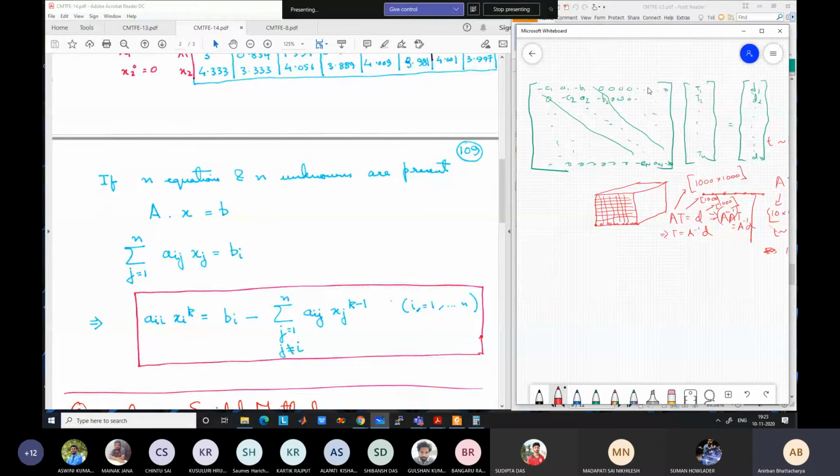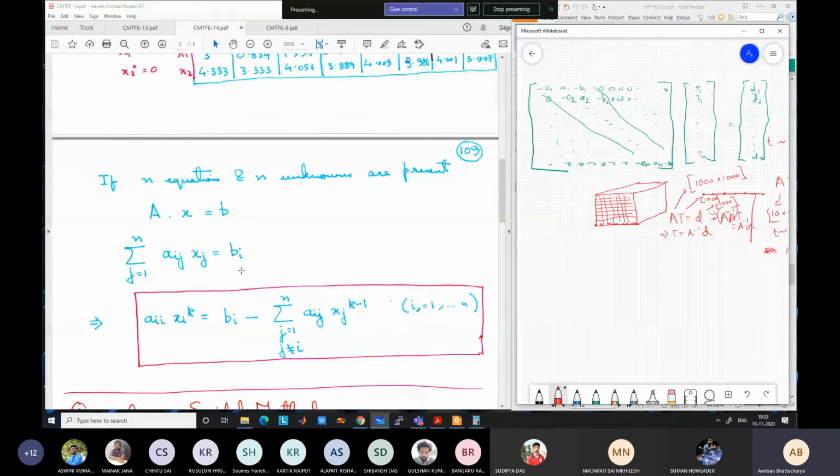Each corresponding variable in this line is multiplied by the corresponding variable in the other line, and the sum is equal to this value. So this into this plus this into this plus this into this, up to a1n tn is equal to b1, the first value.